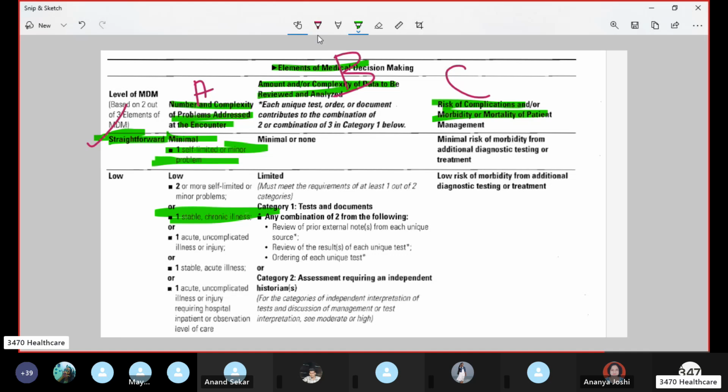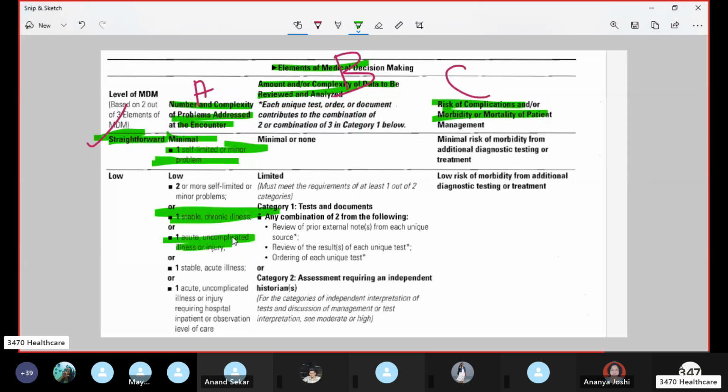So an acute uncomplicated illness is one that has only just started and is not a complicating illness or injury. Then it is for low.